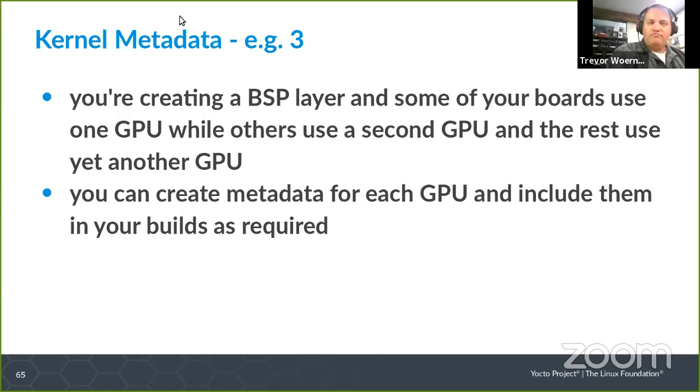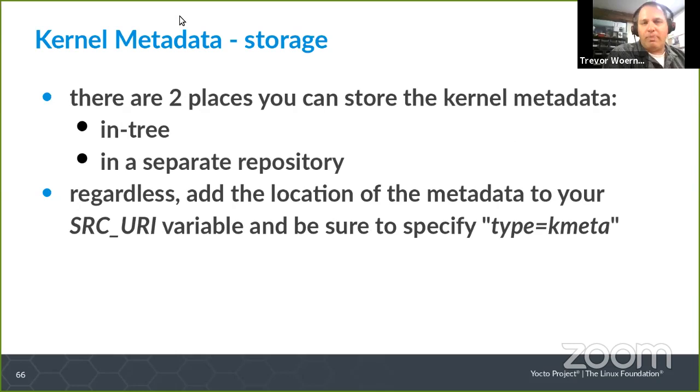So now, where do you store these SCC files and these fragments and all this stuff? There's actually 2 places you can do it. You can do it in tree itself. You can do it in the BSP layer itself, but you can also do it as its own separate repository.